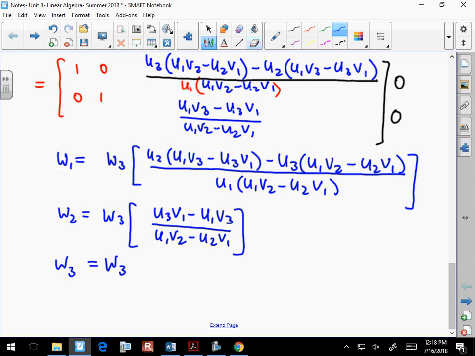Yeah. It's got correct stuff in there. So now it seems like we have to select a W3.